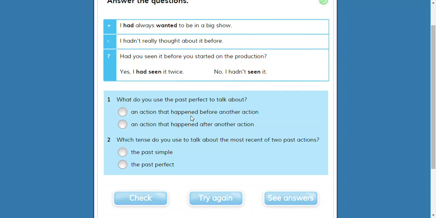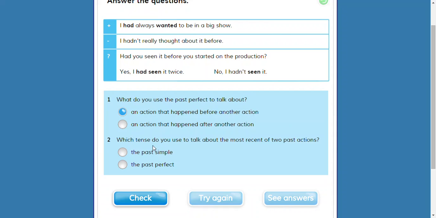An action that happened before another action or an action that happened after another action? Let's guess. I don't know. What's your opinion? You can write on the platform and give me ideas.